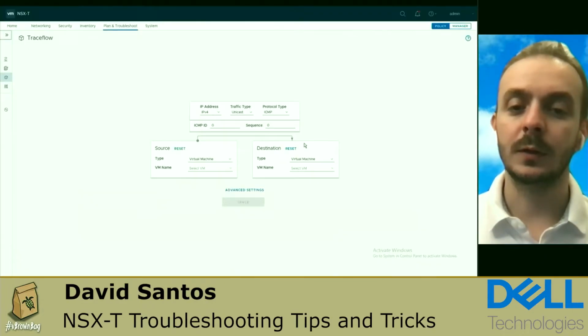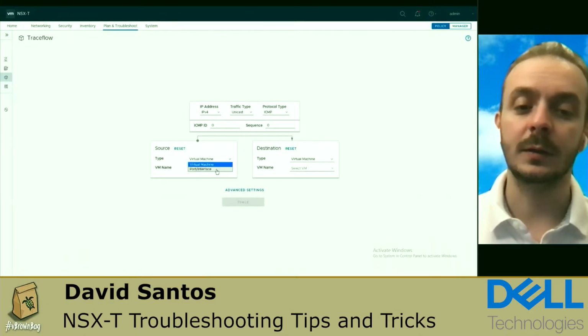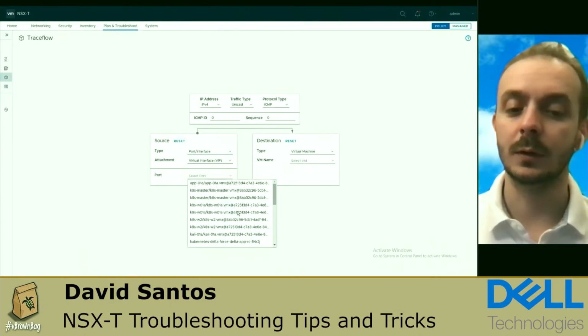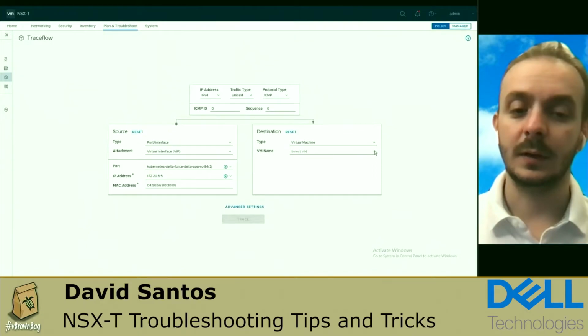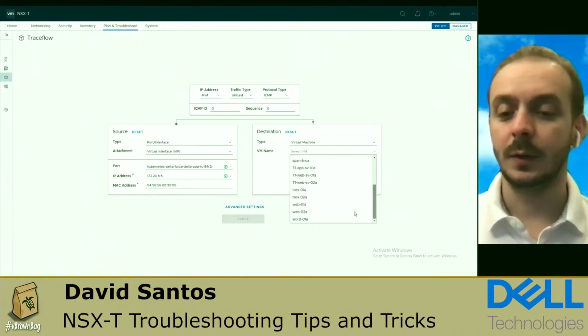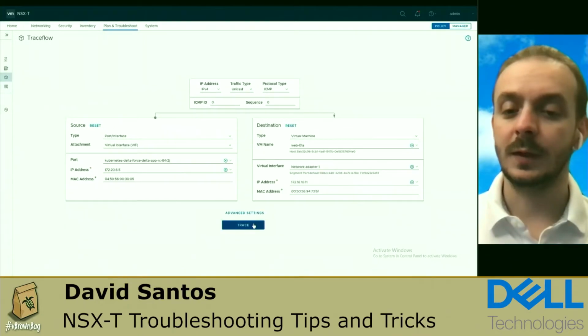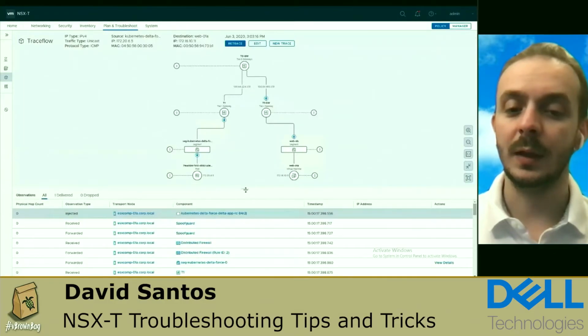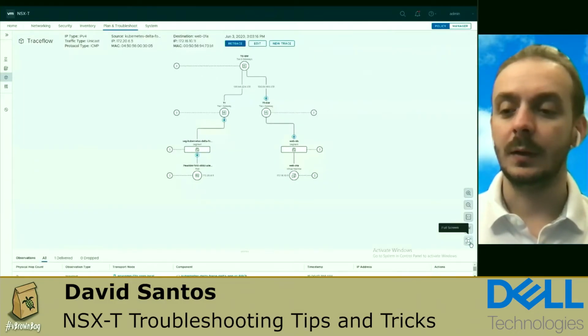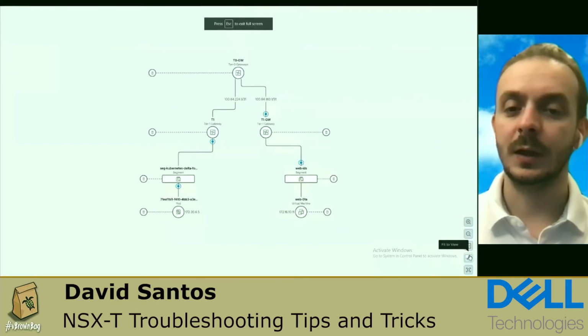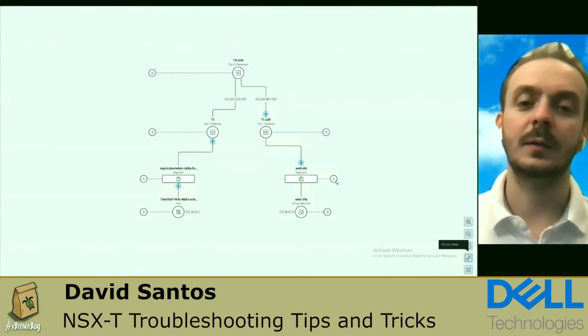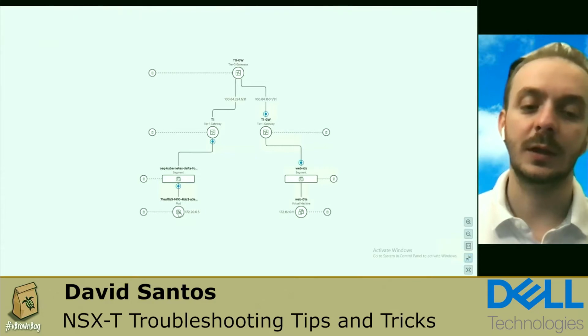In our case, we're going to select a container as our source workload. Here it's a Deltaforce app, and we're going to test the communication to web A. After the test is done, we can check all the components that participate in that communication.